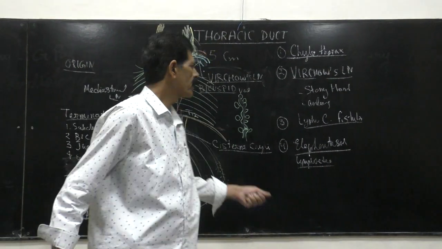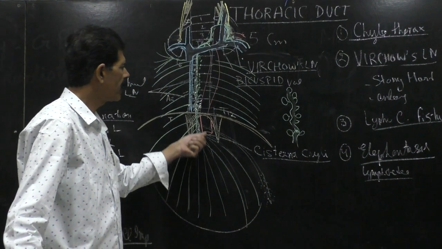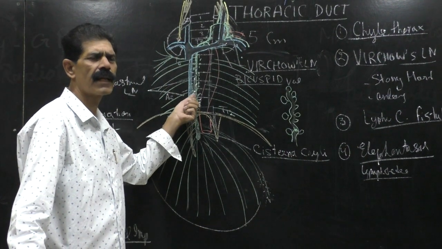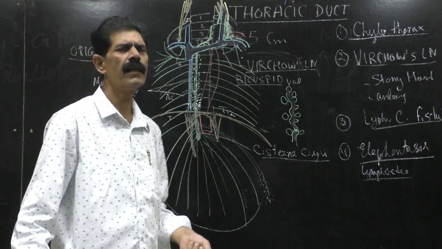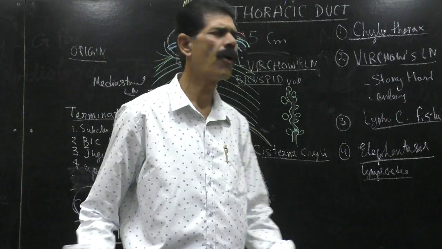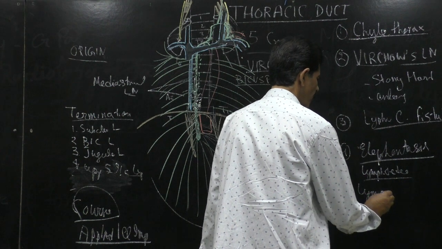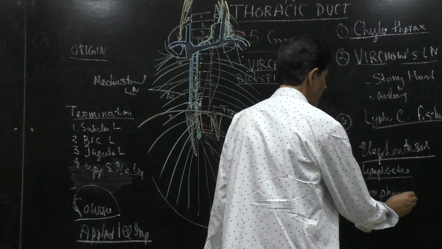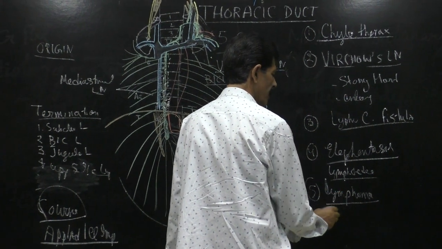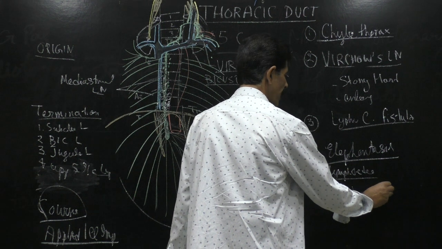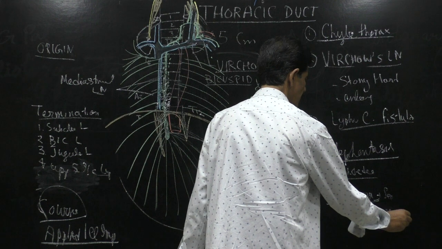In other ways, if metastatic cancer cells travel, the mediastinal lymph nodes get enlarged. And the mediastinal lymph nodes may be enlarged in other conditions too, that is the lymphoma. So lymphoma is a primary tumor of the lymphatics or lymph nodes or lymphatic channels, or it may be secondary because of cancer cell metastasis.